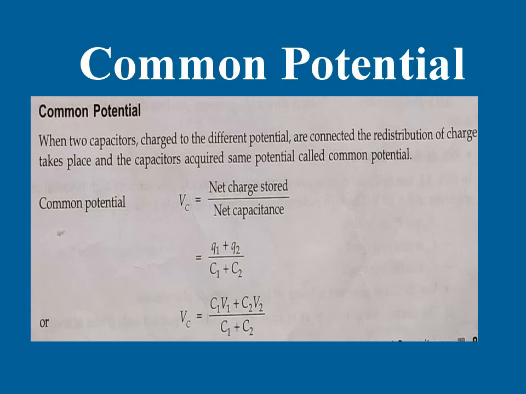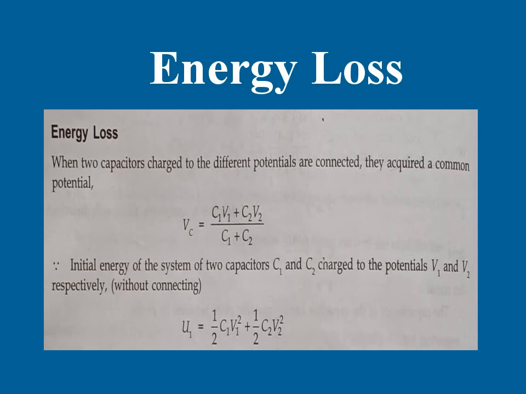Again, for energy loss you consider a combination of two capacitors. In the previous slide, we discussed common potential where we considered two capacitors. Again in this case also, we consider two capacitors.